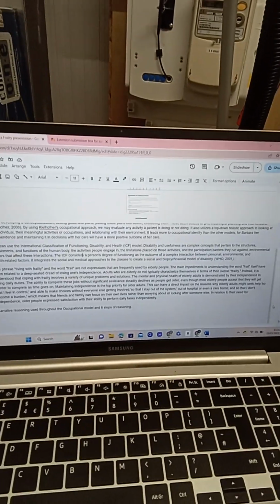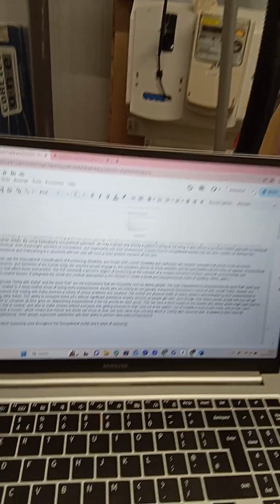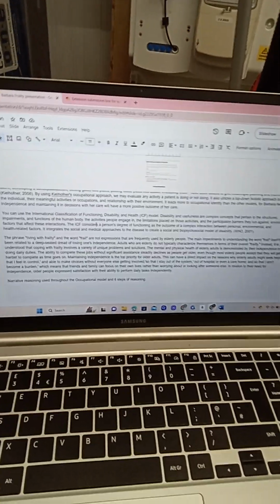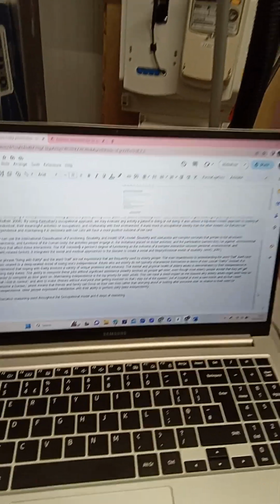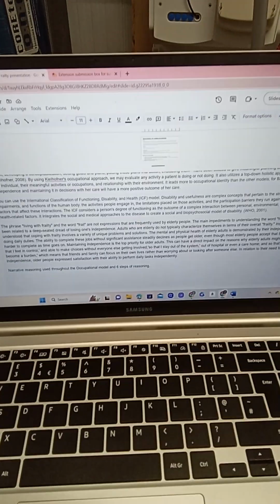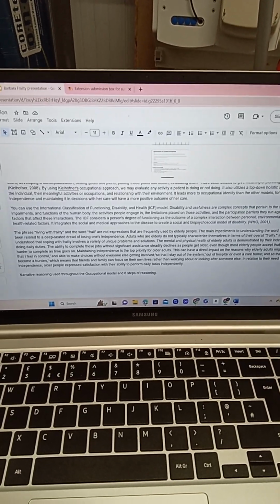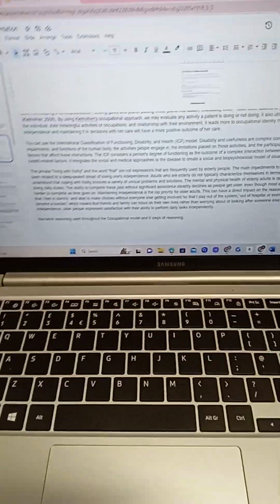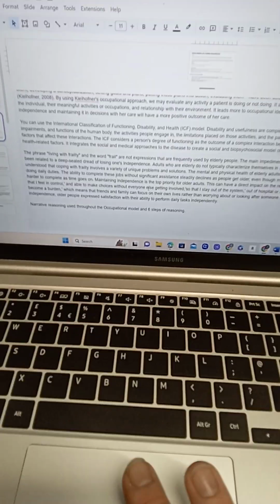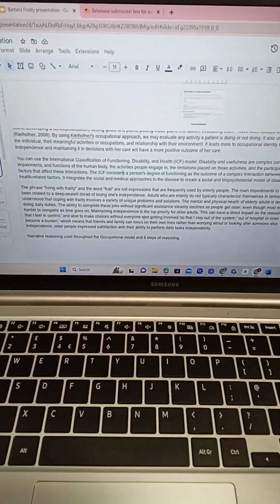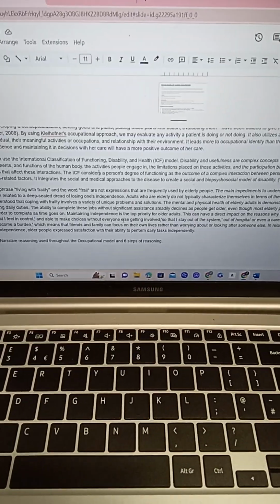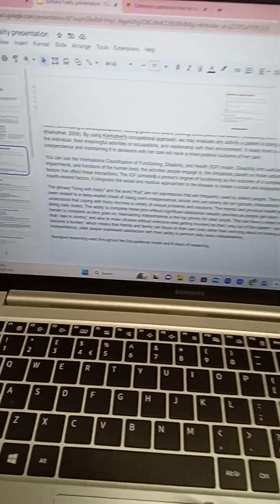Instead, they develop a coping mechanism with frailty, which involves problems which can occur. The mental and physical health of elderly adults is demonstrated by their independence in doing daily duties. So maintaining that independence is a really top priority for those older adults.